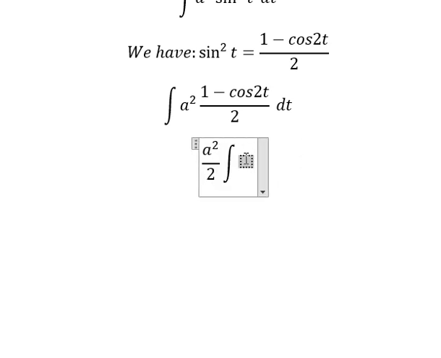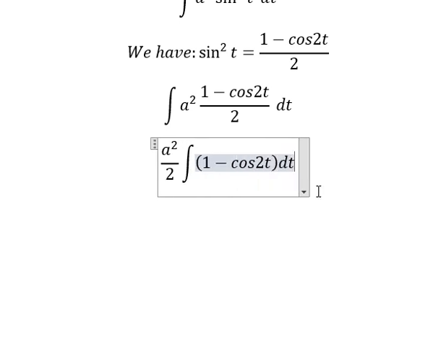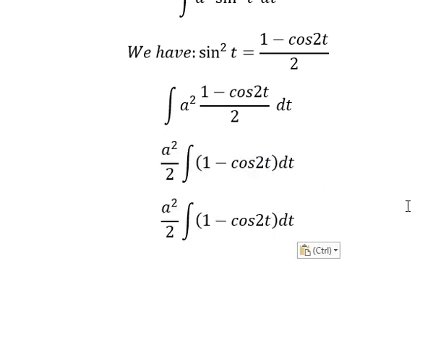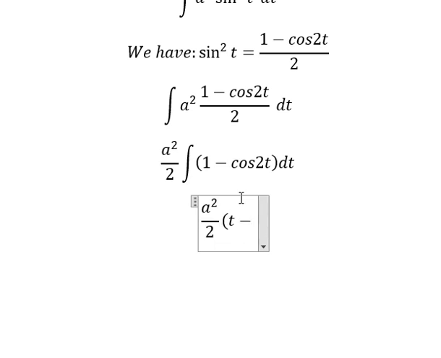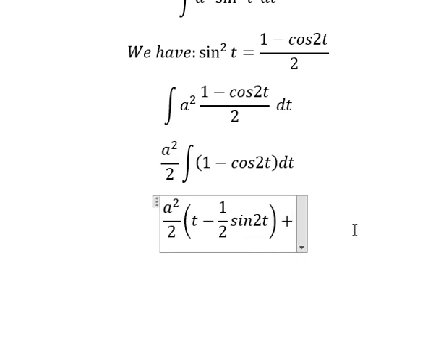And we have the integration of 1 minus cosine 2t dt. The integration of number 1, we have t, cosine 2t, we have 1 over number 2 sine 2t. And I will put c.